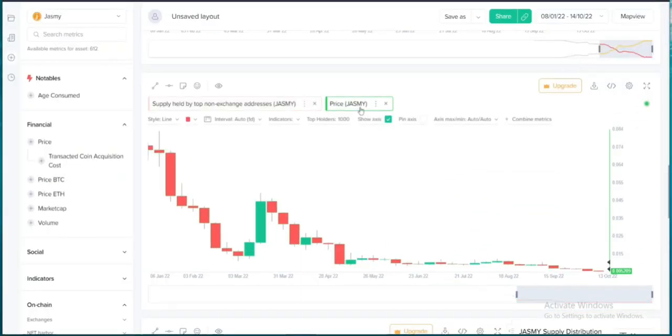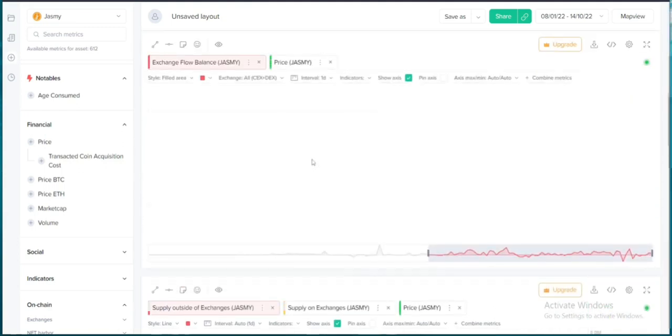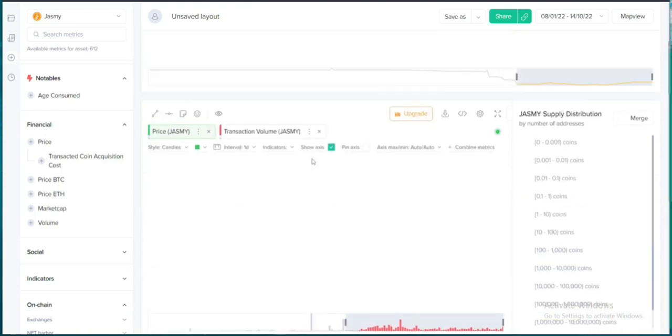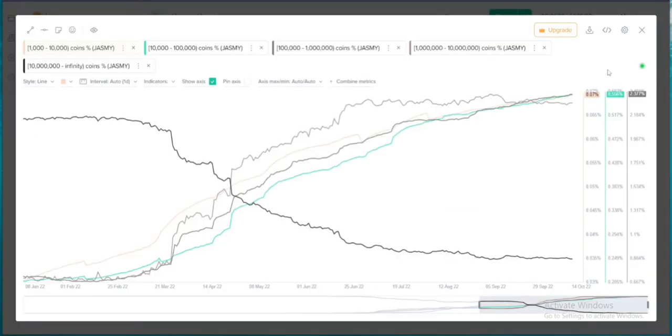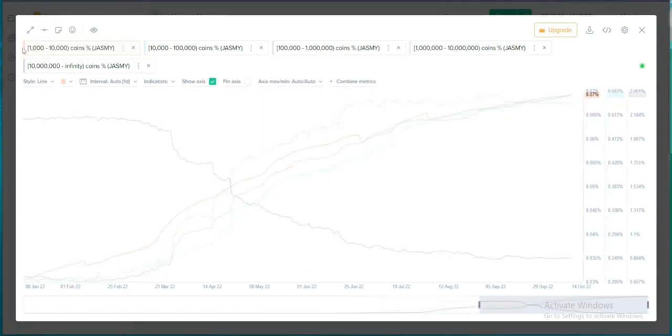I really wouldn't say yes, because there's something that I want to show you right here. Wait a second, the chart is loading. So yeah, this is the exact metric I wanted to show you. What this metric is showing right here is the number of addresses that have 1,000 to 10,000 Jasmy coins. They hold only 0.67% of the total circulating supply right here, which is really small.